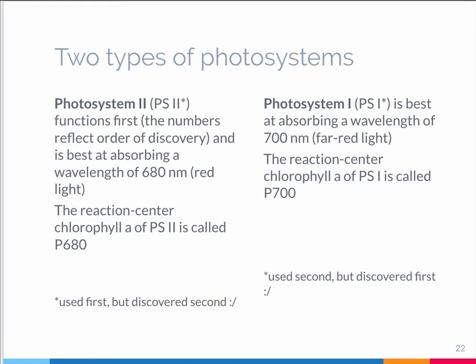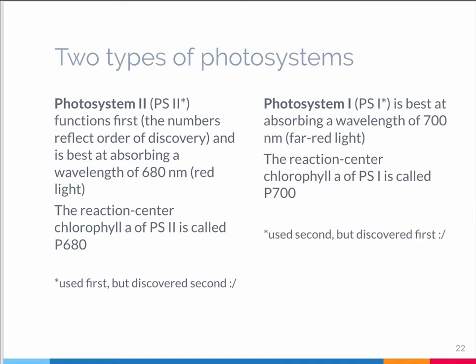But we suspect that photosystem 2 probably evolved second, because photosystem 1 is used in many more forms of life, simpler forms of life like bacteria. So when you're studying the two photosystems and you're frustrated that photosystem 2 is used before photosystem 1, just remember that the numbers can also serve as a reminder to which one probably evolved first. We think photosystem 1 is older than photosystem 2.